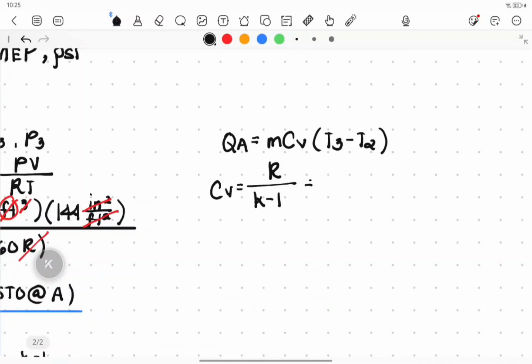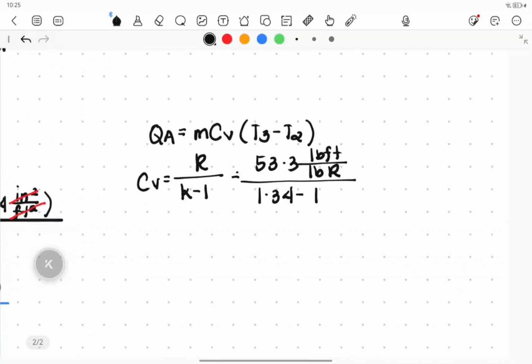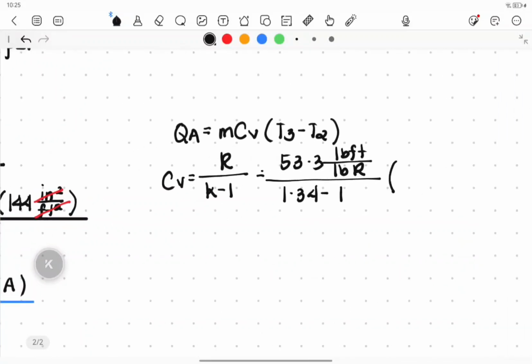And our R is 53.3. Again, this is a varying value. It depends on the preference of your course instructor. Then what we can do is 1.34 minus 1. And then, since our QA is in BTU, we have to convert this pound-feet into BTU. So we know that we have 1 BTU in every 778 pound-feet.